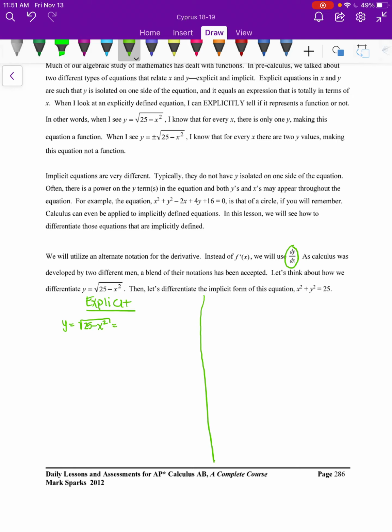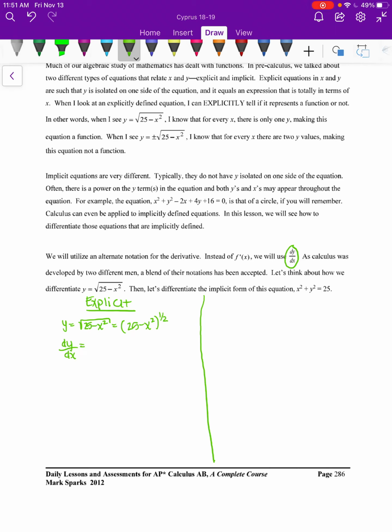In order to do that, I never want a square root in my problem. If ever I'm taking the derivative, we don't want radicals. We always want to change them to exponents. So this is 25 minus x squared to the 1/2. Now we're going to find dy dx. Okay, this is a chain rule problem.